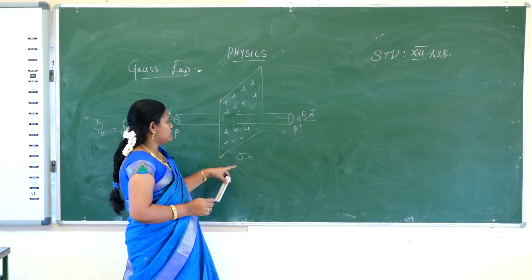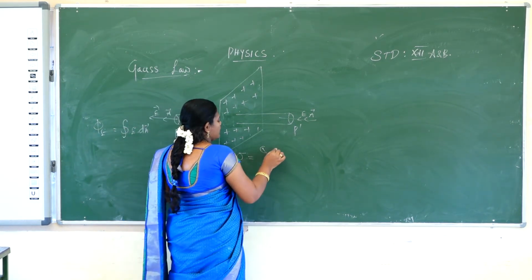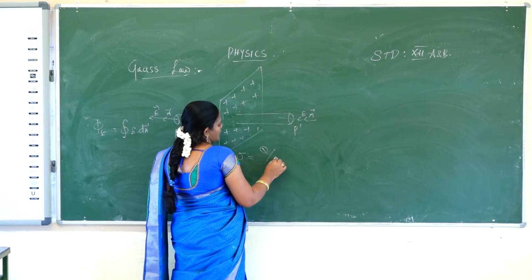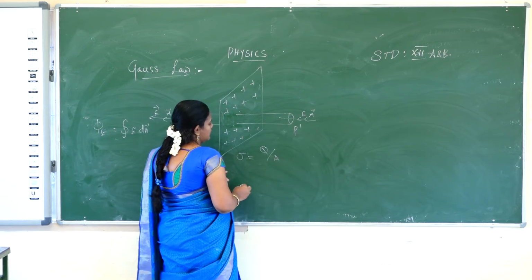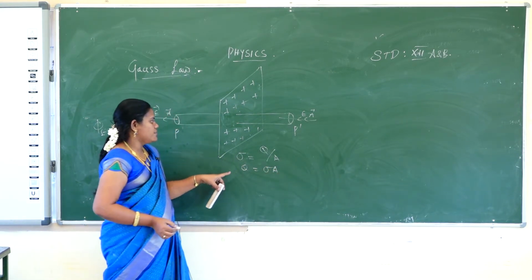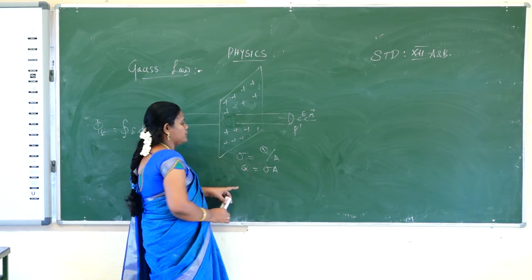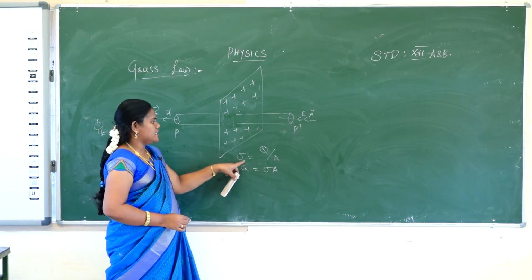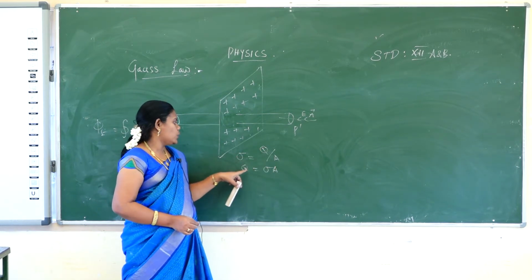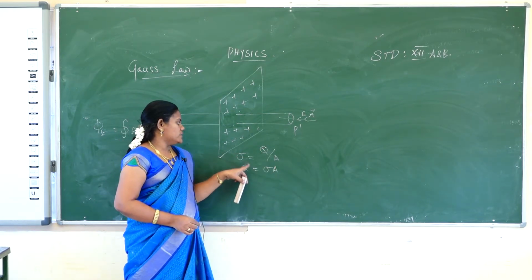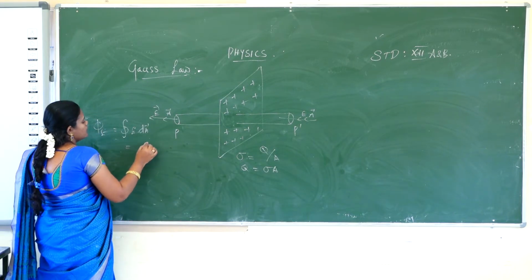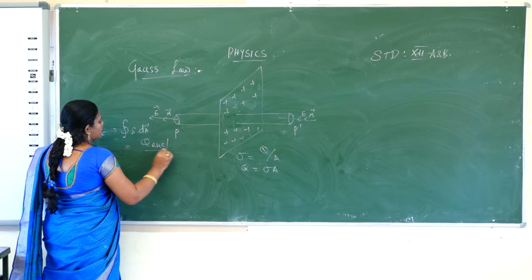Sigma is equal to charge per unit surface area, so Q is equal to sigma into A. So the charge is sigma into A. First, we know that phi is equal to Q enclosed by epsilon naught.